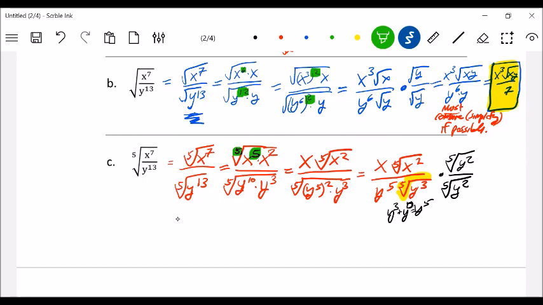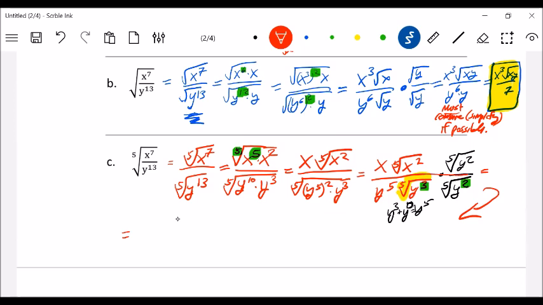Doing that will mean that this y cubed and that y to the 2nd will now let it become y to the fifth. Let's continue down here. Equals, so it comes down to this.